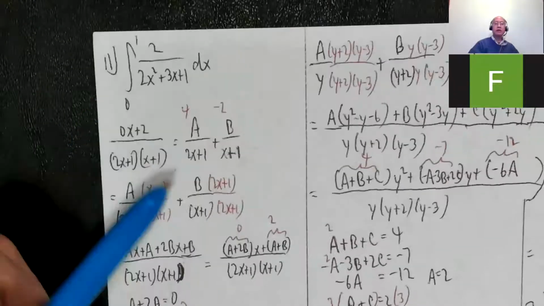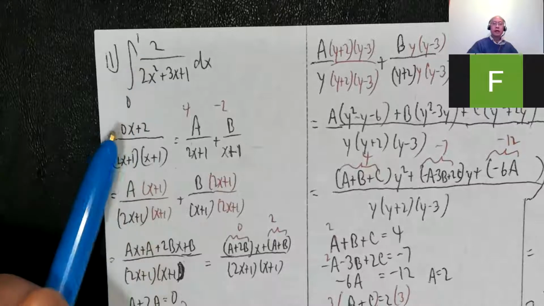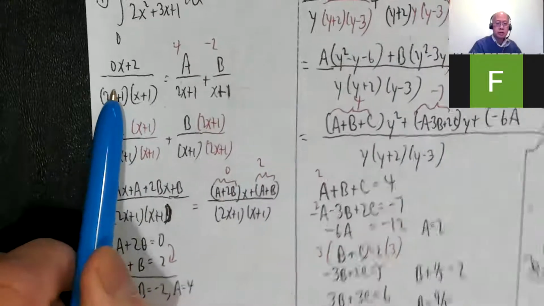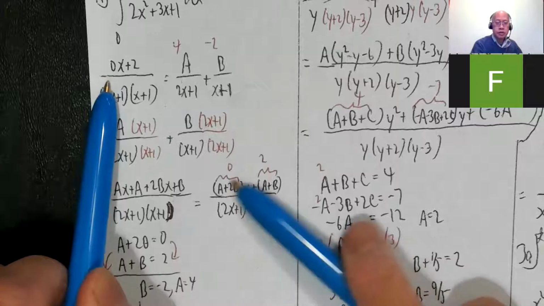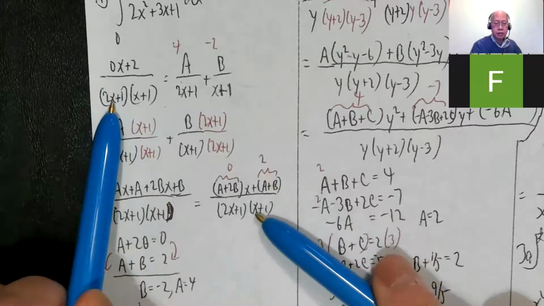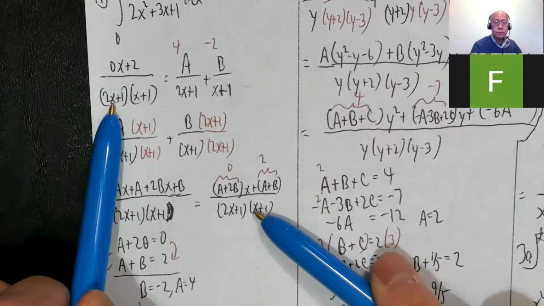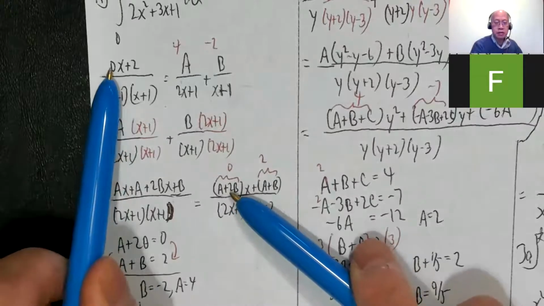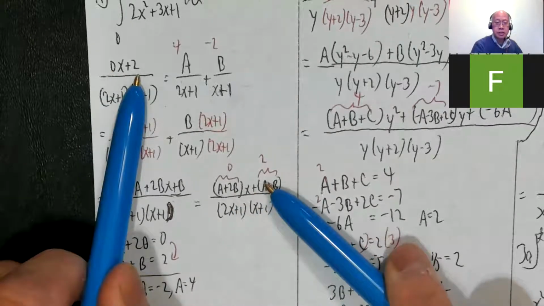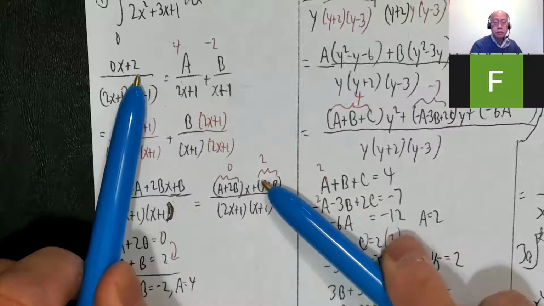You can see now that's the reason why the 2, I need to write as 0x plus 2. Because I want to make this fraction equal to this fraction. The denominators are already the same. So how can I get the numerators to be the same? Well, the coefficient of x has to be 0, and the constant has to be 2.